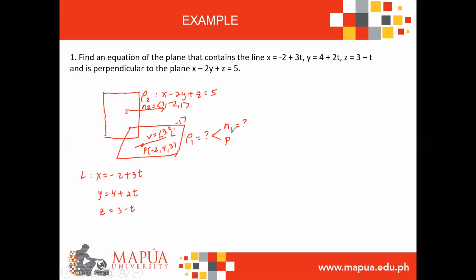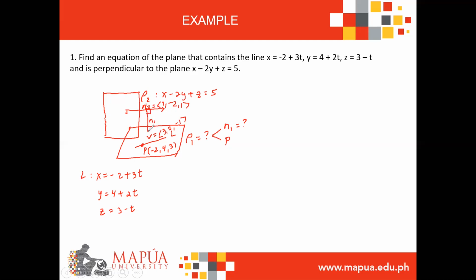So how are we going to find n1 now? As you can see, if plane 2 is perpendicular to plane 1, then normal 1 will also be perpendicular to plane 1. And as we can see, we now have also N1 perpendicular to N2.